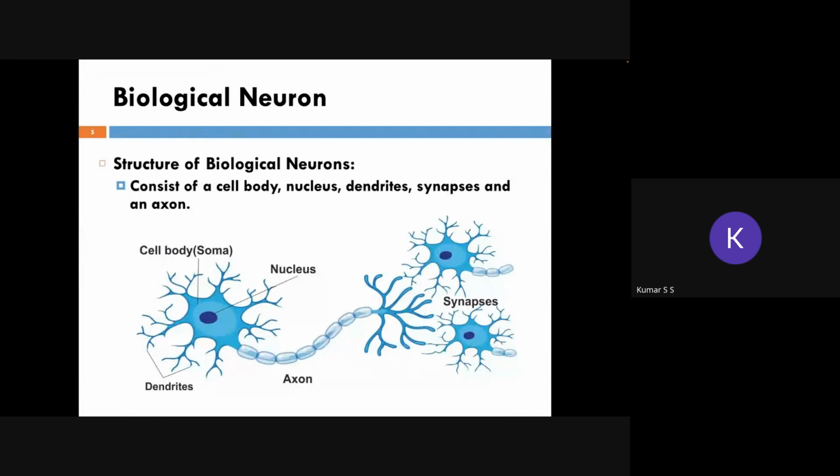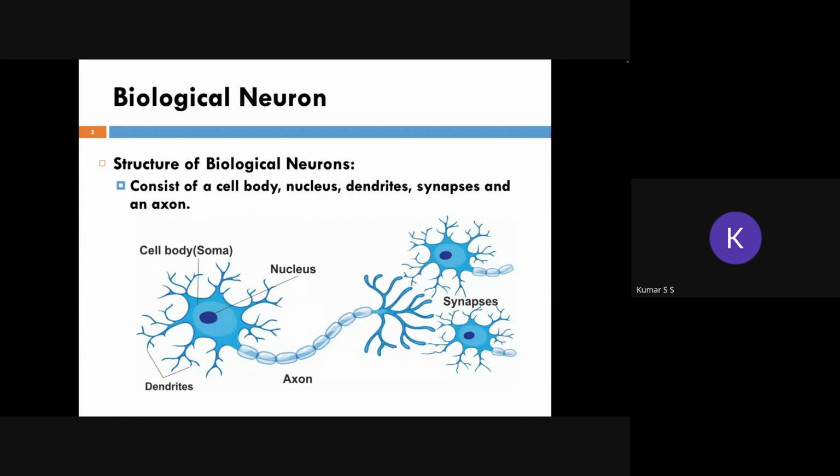When we go deeper into the structure of a neuron, it has several components like a cell body, nucleus, dendrites, synapses, and an axon. The cell body with the nucleus is the place where the entire processing takes place. The dendrites carry input maybe from different neurons or from other sources into the nucleus where the processing takes place.